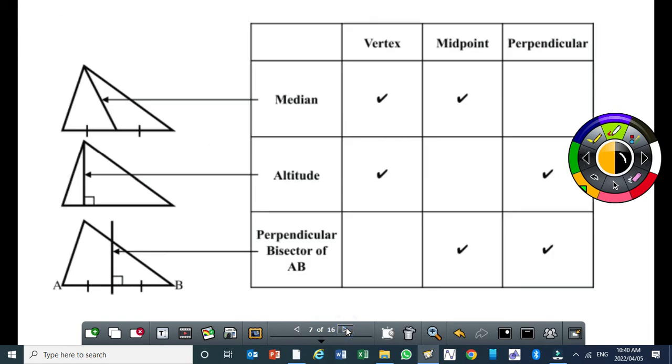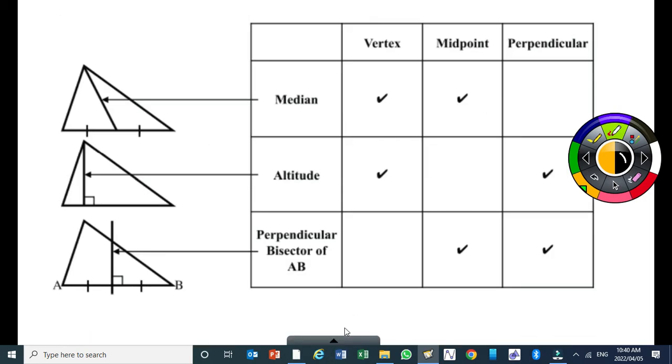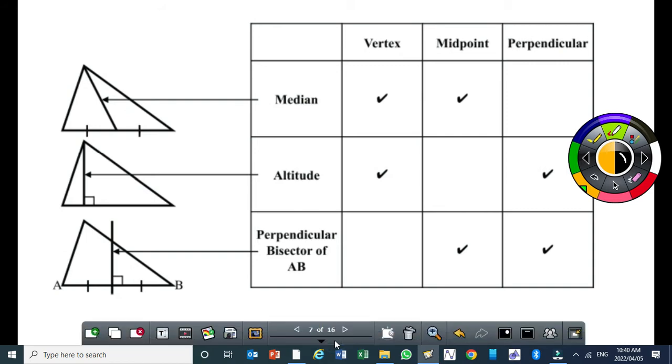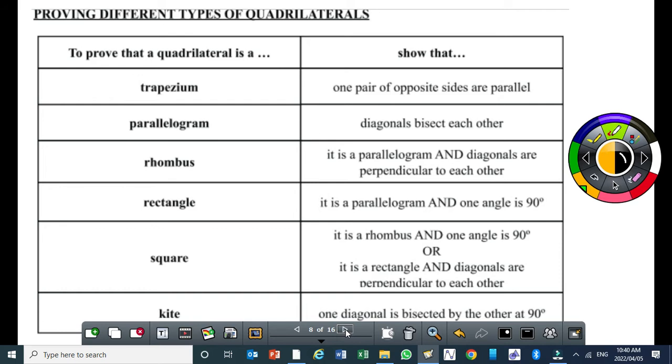When I give you questions later on, you'll be expected to apply some of these. Please don't stress yourself. You won't get questions that require you to know what the median or the perpendicular bisector is. They don't test you on that these days.